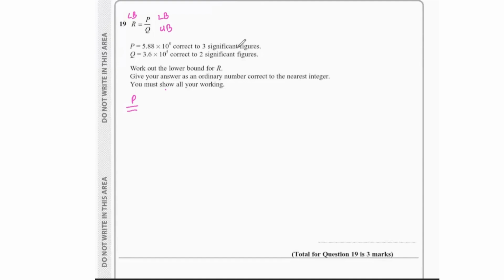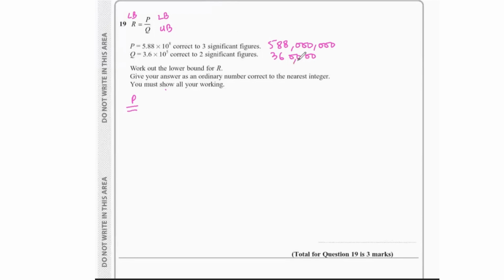So if I write 5.88 times 10 to the power of 8 as an ordinary number, that's going to look like this. And for Q, 3.6 times 10 to the power of 5, that's going to be this.